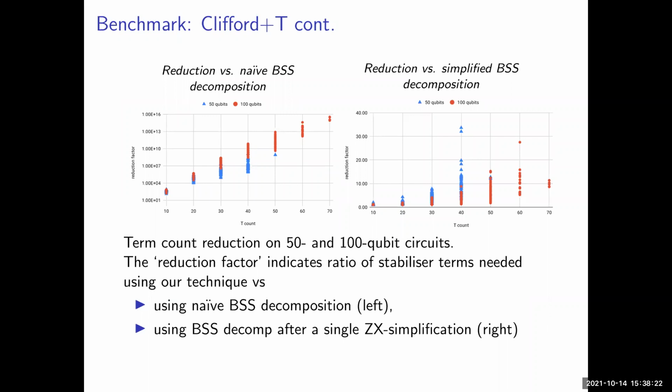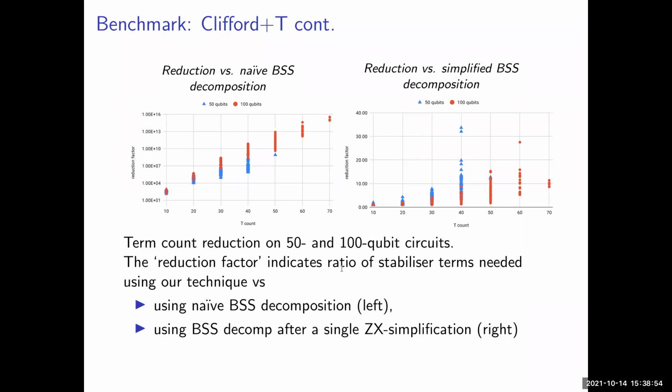But remember that if you have 6 extra T-gates, that already requires 7 times as many terms. So if you have say 10 extra T-gates, that accounts for this factor 10. So with this method, we can simulate circuits with maybe 10 T-gates more, right?